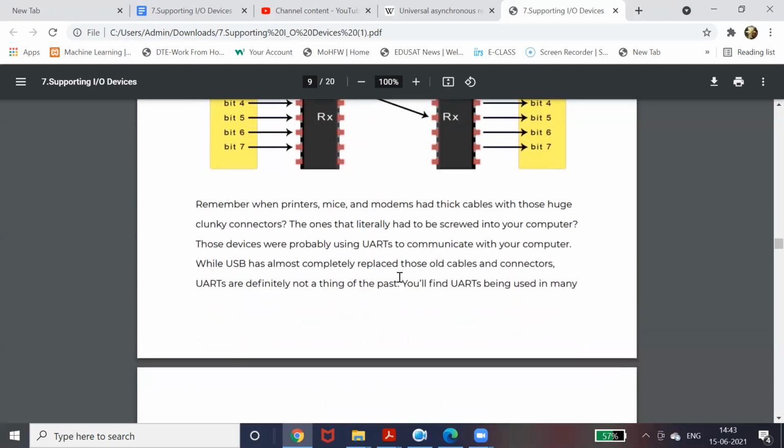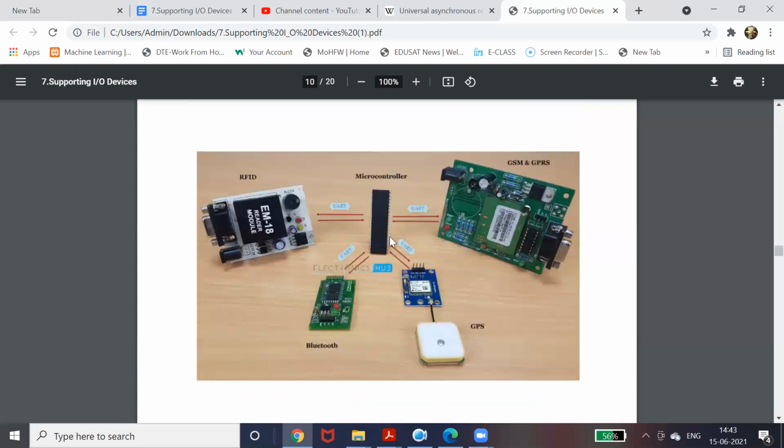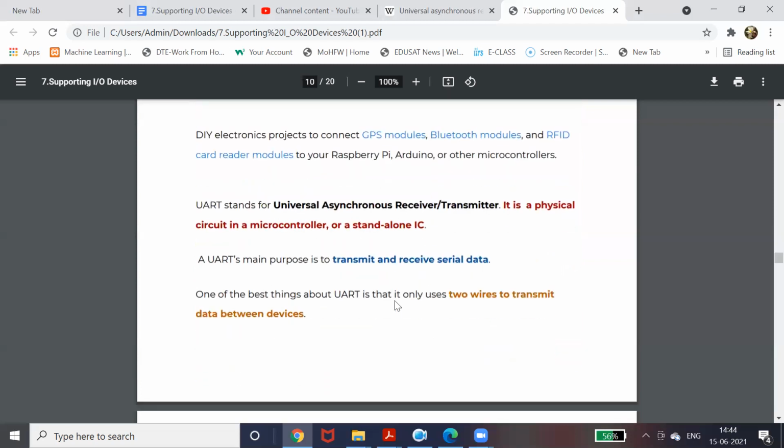Even nowadays, modules like Bluetooth, RFID, GPS, Arduino, Raspberry Pi also use serial controls, and that is UART communication. This is an RFID reader, this is Bluetooth, GPS, GSM, GPRS. These are some examples using UART communication.